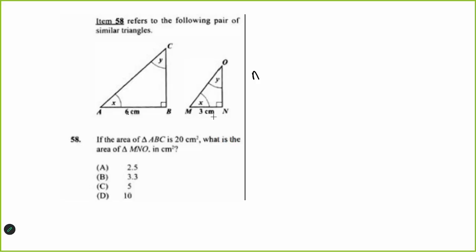If this is 6 and this is 3, your scale factor is 2. So the area would be 20 multiplied by your scale factor, which is 2 squared.